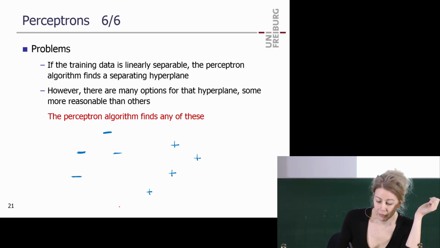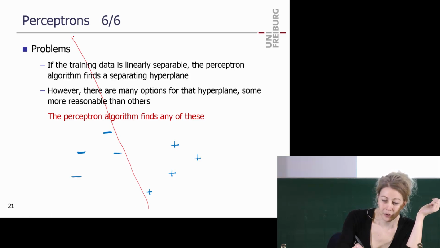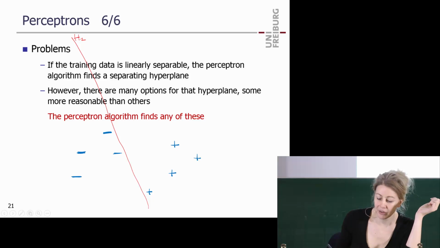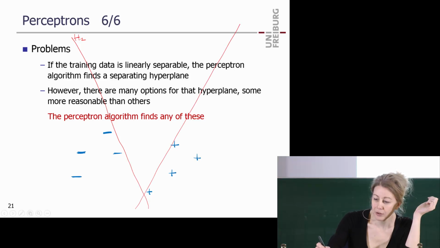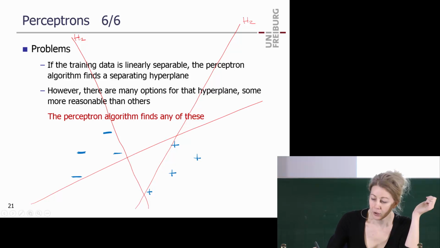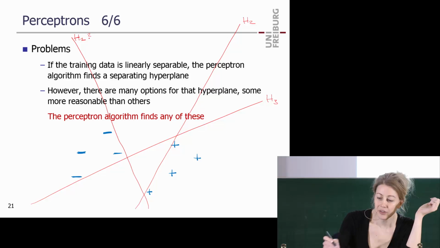Maybe that's one hyperplane. This is H1. Is this a good separator? Or maybe this is another one I could take. This is another option, H2. Or maybe this one, H3.